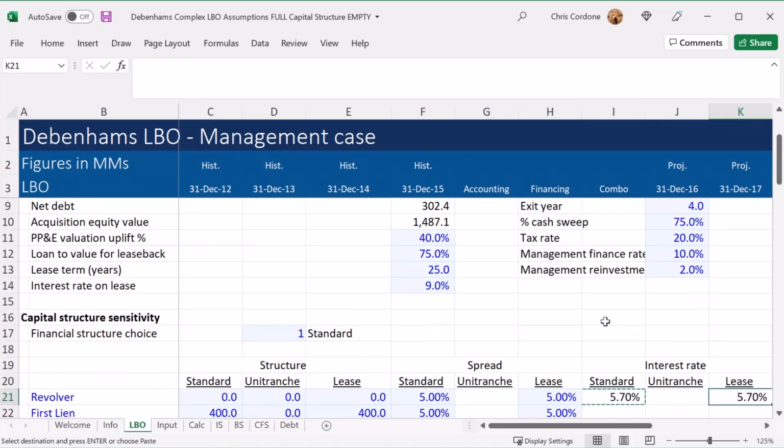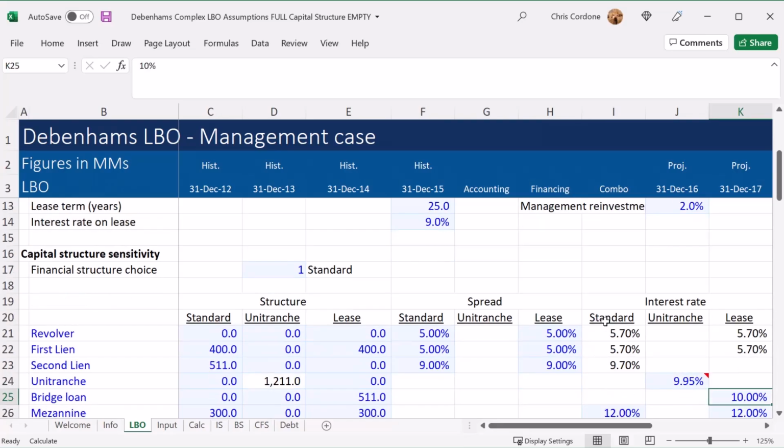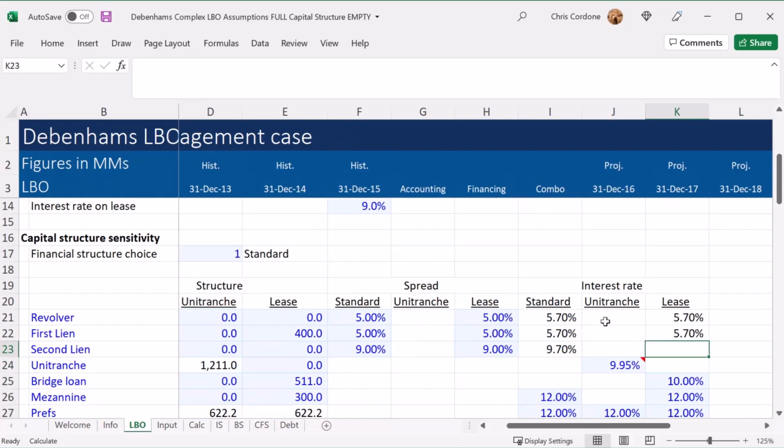That will be copied over to the lease category. If there's unitranche, we don't need anything there, so I'm just going to leave that blank. And then I'm going to copy this down as well for my other tranches of debt for both standard and the lease. Now for the second lien, we're not going to have second lien debt under the lease, so we don't need that there, so I'm going to actually just erase that.